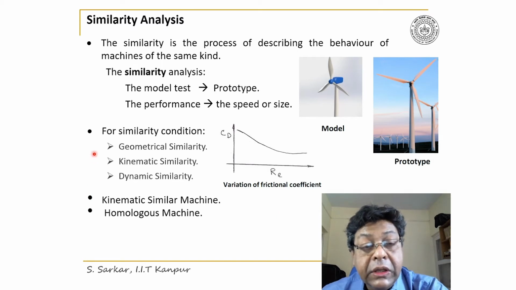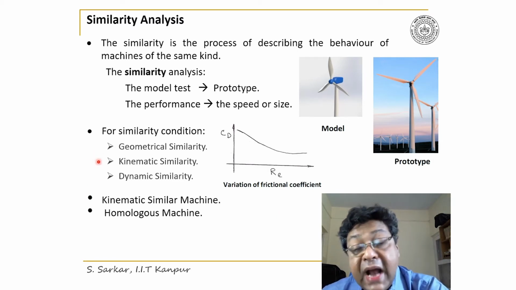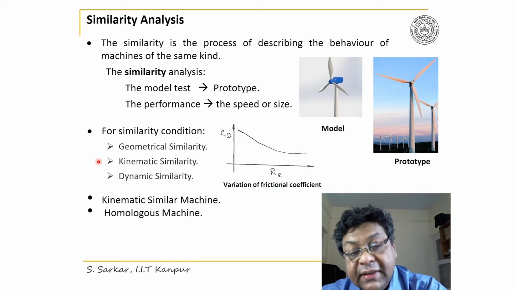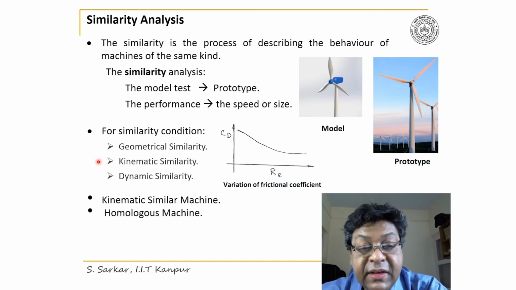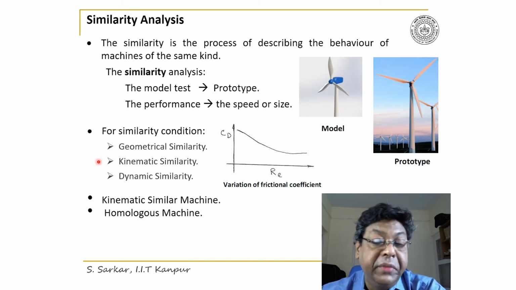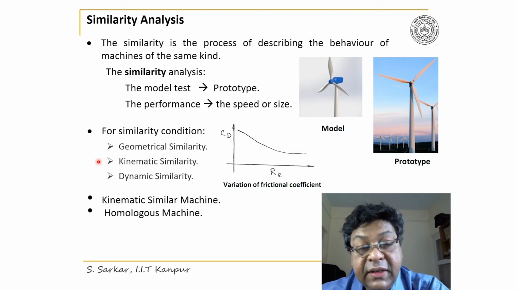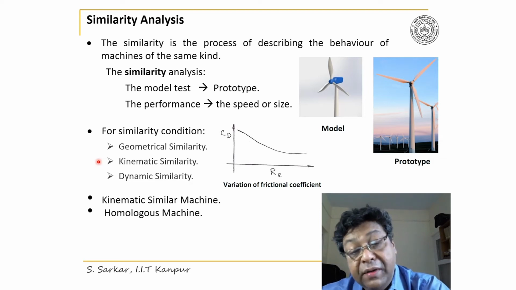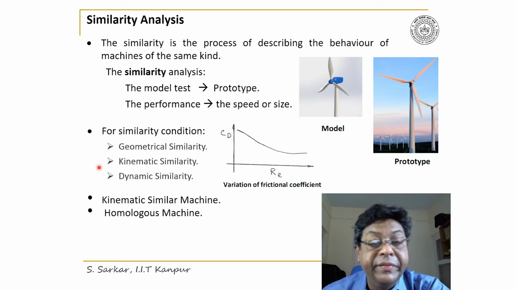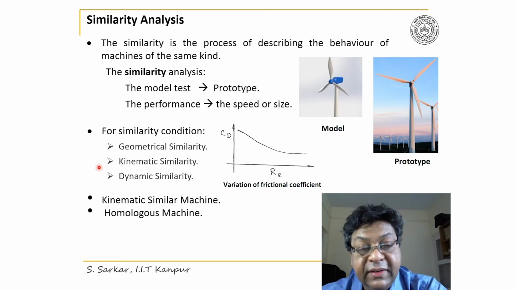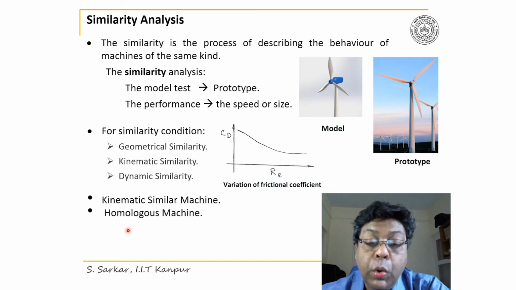If the geometric similarity and kinematic similarity, both these two conditions, are valid, then the two machines are called kinematically similar machines. Sometimes equality of Reynolds number becomes difficult. So if all three points, that means between two machines the geometric, kinematic and dynamic similarity, are maintained, then these machines are called homologous machines.